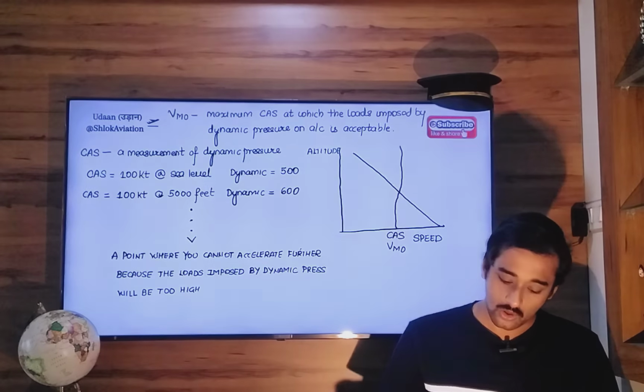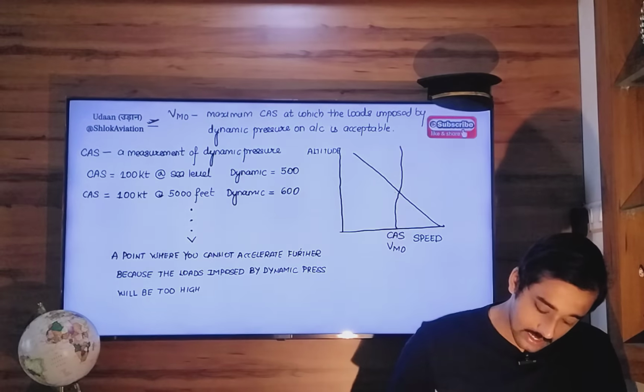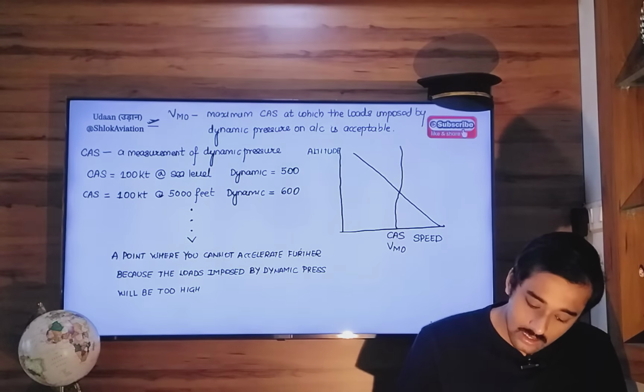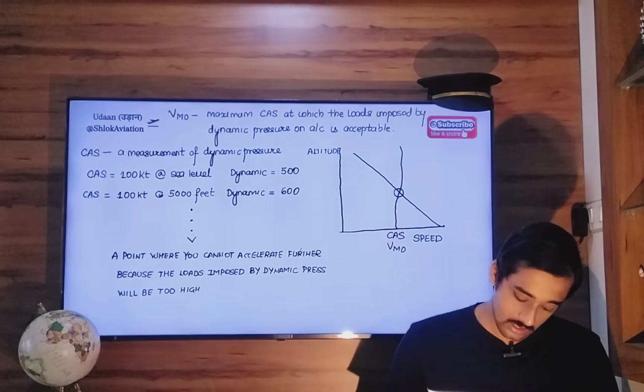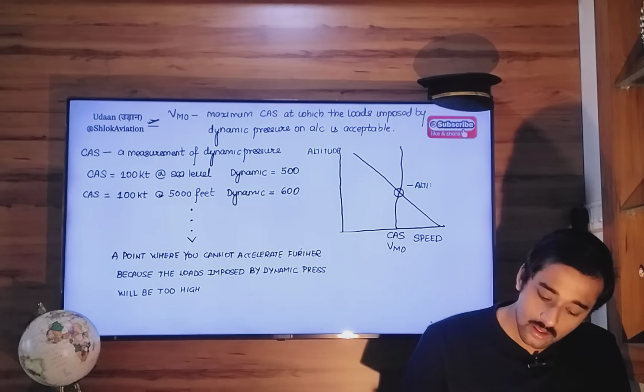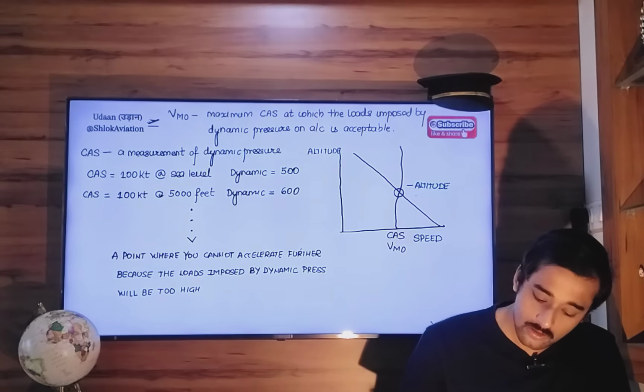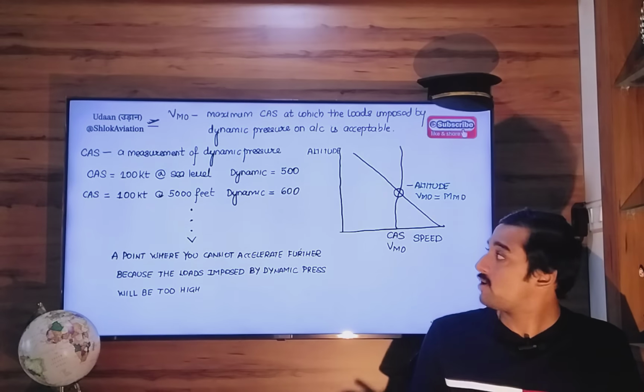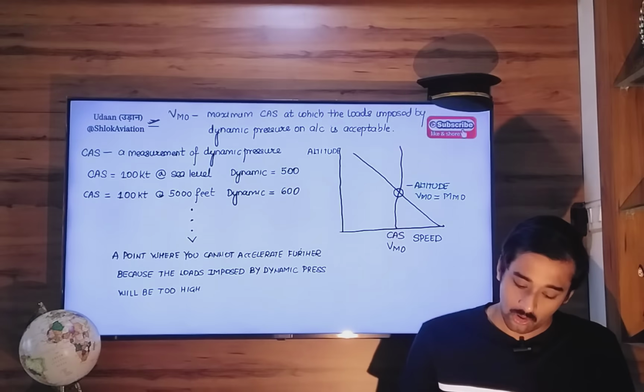Like this. So the place where they both intersect, at that altitude, VMO will be equal to MMO.